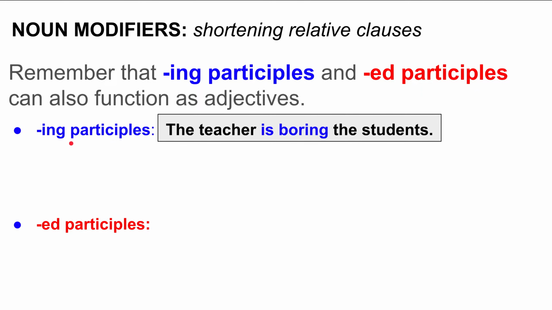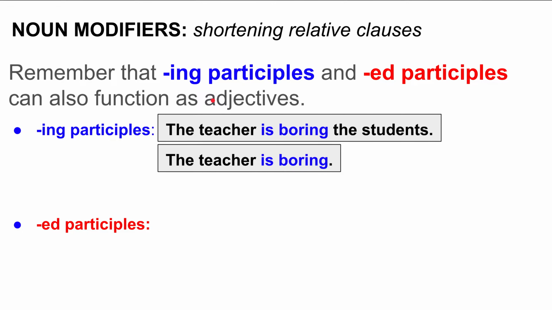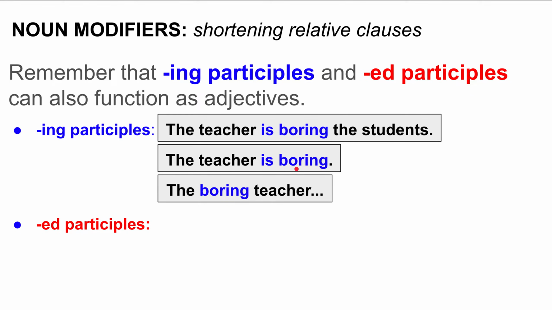Here my ing participle is boring. Since it can function as an adjective, I can move boring and put it right before the teacher. The boring teacher. That shows you how ing participles can function as adjectives.